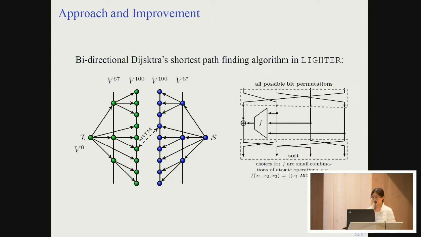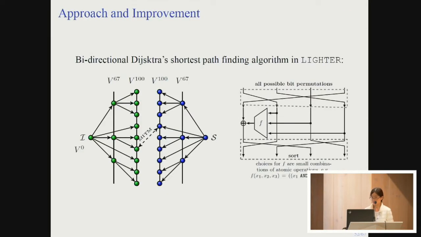The approach in Lighter uses a bidirectional Dijkstra's shortest path finding algorithm, and they expand two graphs, one from the identity function, and the other from the target function, the S-box, and use a meet-in-the-middle strategy to find the implementation of the target. The nodes are all expanded using right-hand side functions, and they are invertible.